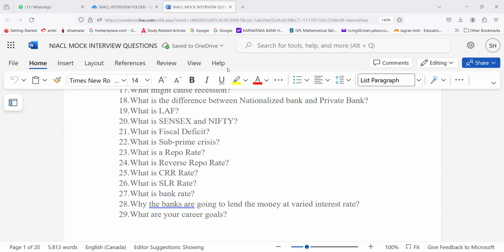This is the average of the top leading 30 company shares as on a particular date. For example, if we search what is BSE Sensex today, yesterday I was telling you it was around 75,000, 74,000, whatever it is.